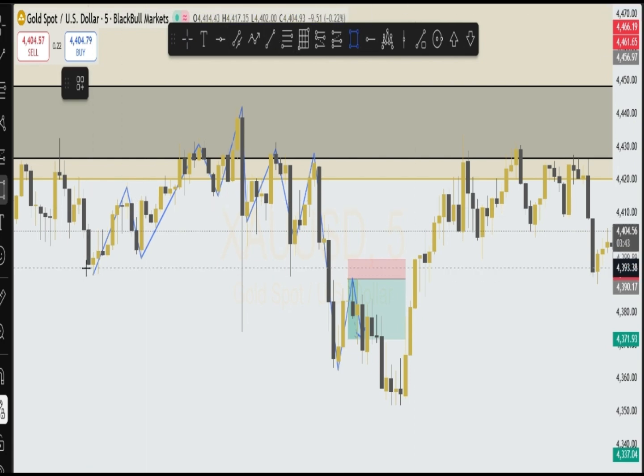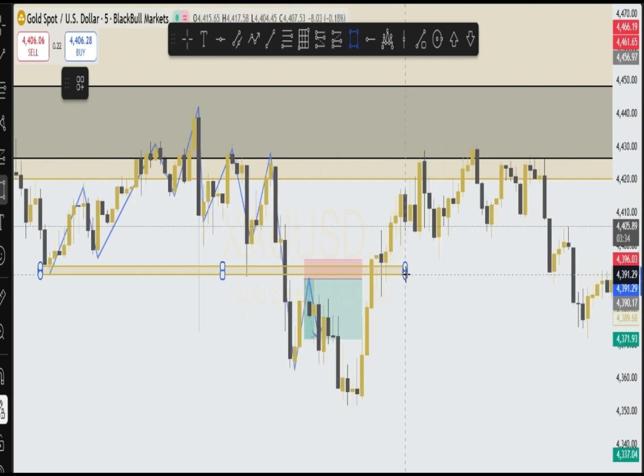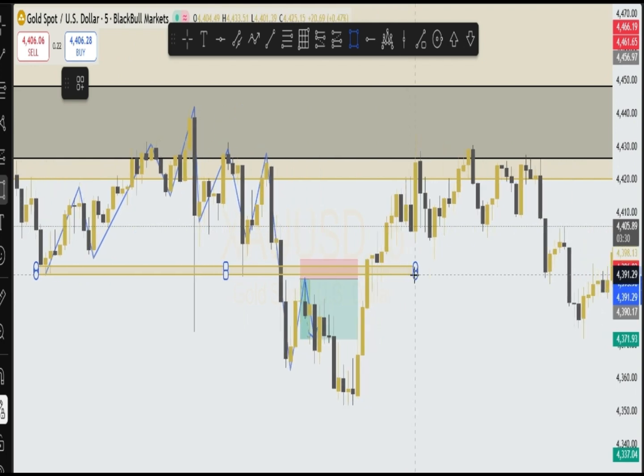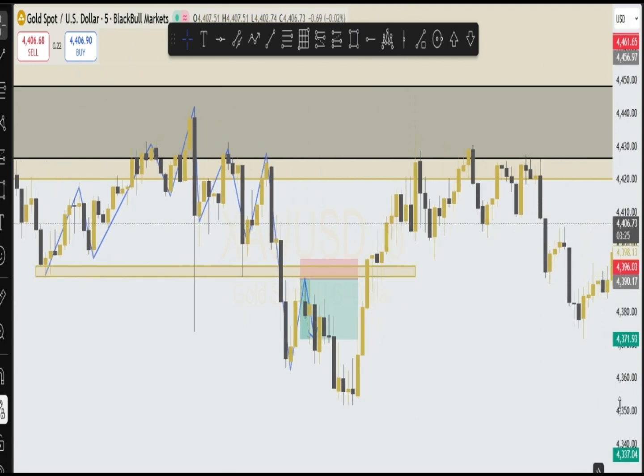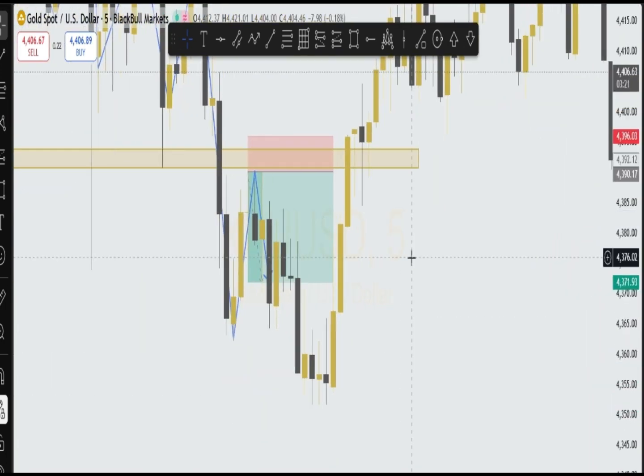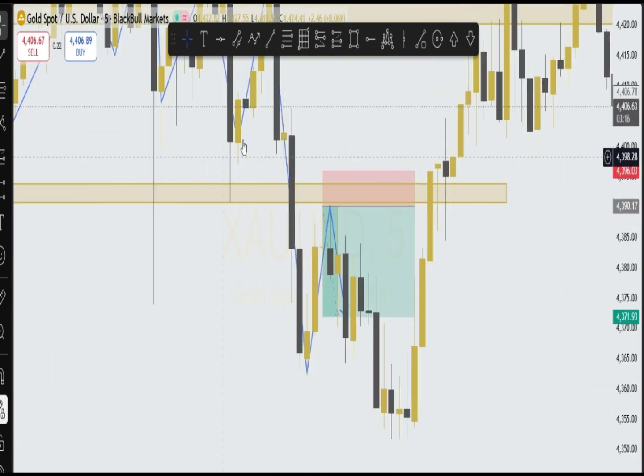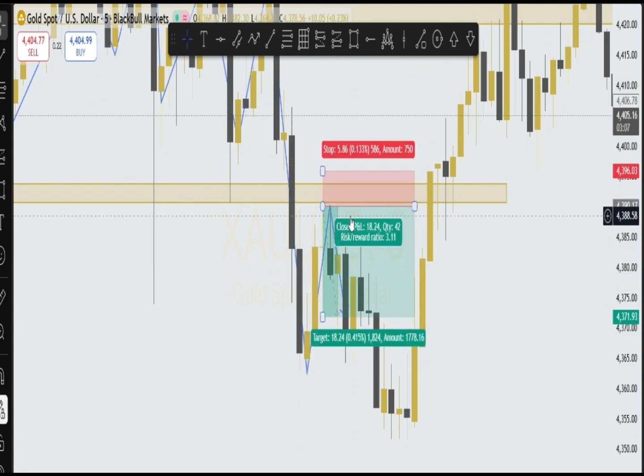So it was our recent lows. After breaking it, we had a smaller retest.